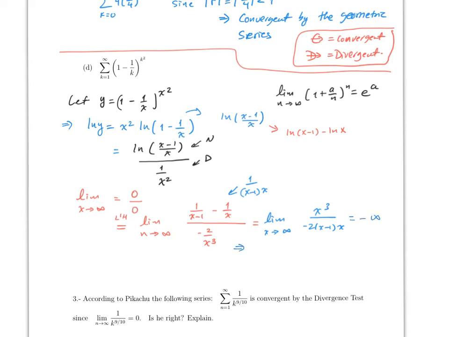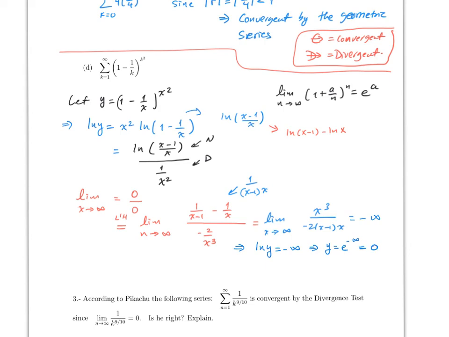So that implies that ln of y is minus infinity, but remember, we don't want ln of y, we want y. So that implies that y is equal to e to the minus infinity. Remember, all of this is in limit terms, which is equal to 0.